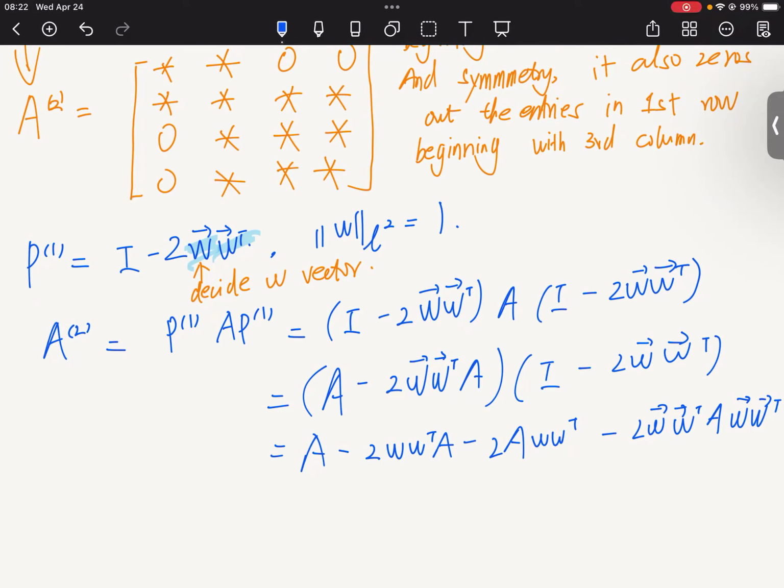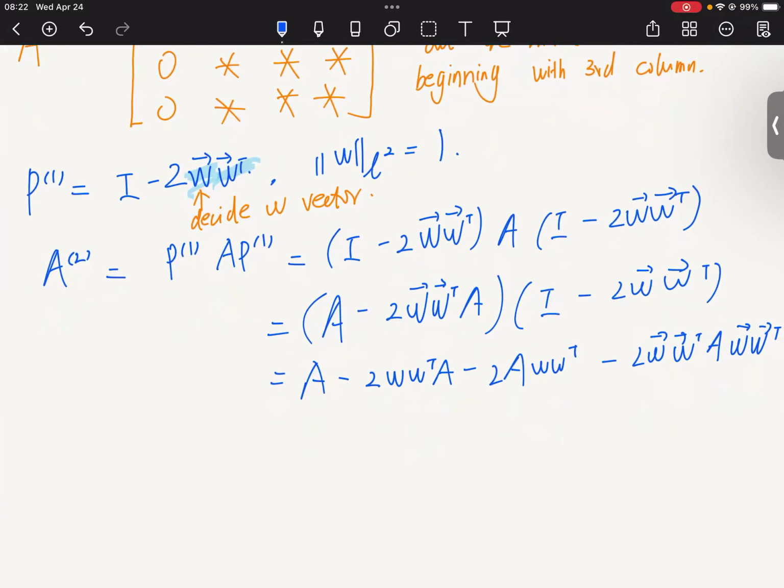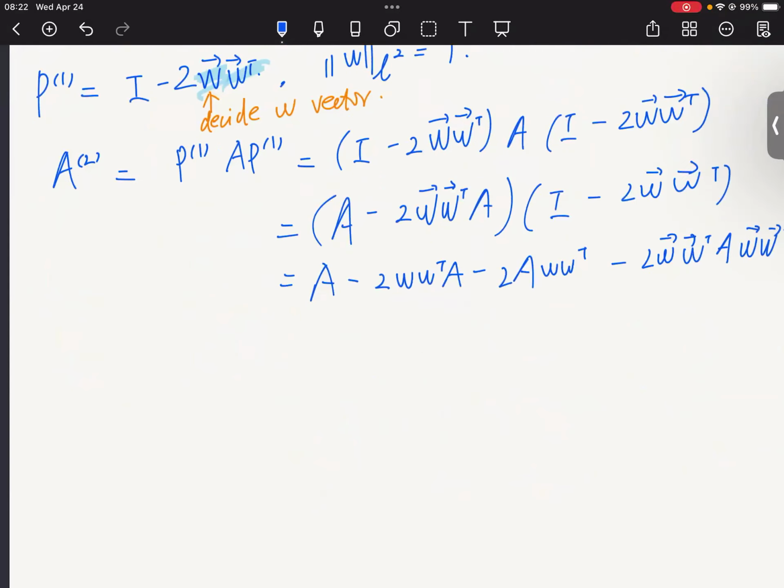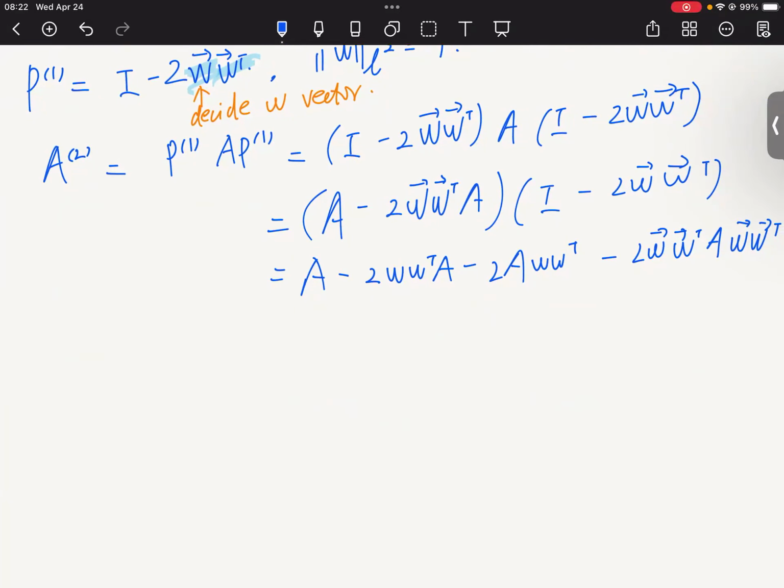The detailed calculation is in the textbooks, but I'm going to skip it, and I'll give you the algorithm to calculate the W. Is it okay? I skip the details because it takes so long. So the W vector here first.